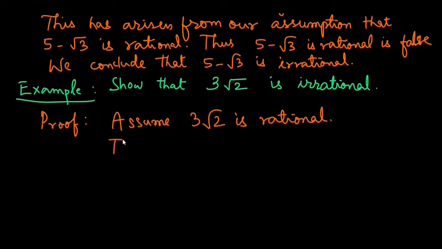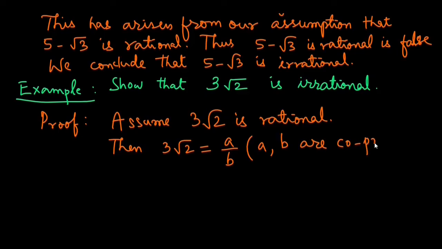So we can write 3 root 2 is equal to a by b, where a and b are coprimes and b is not equal to 0. We have assumed that 3 root 2 is rational, then we can write 3 root 2 equal to a by b.